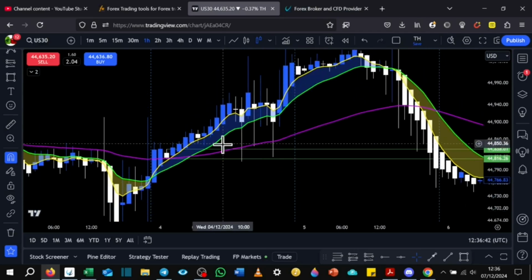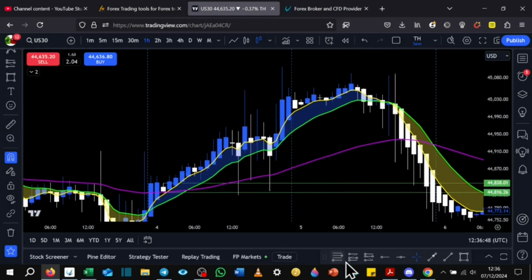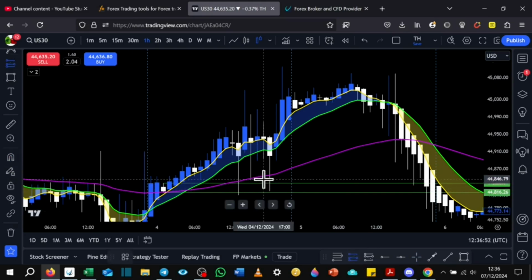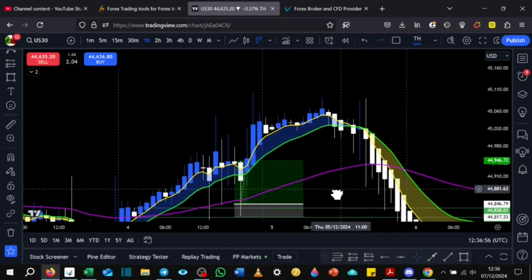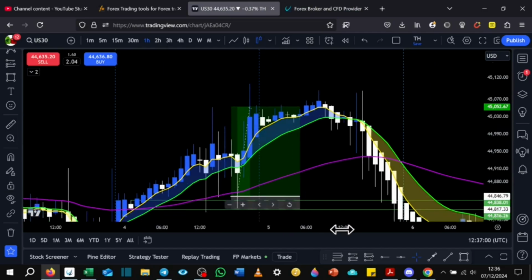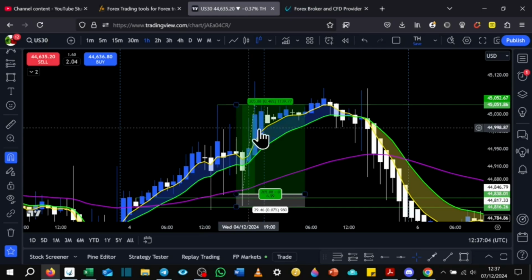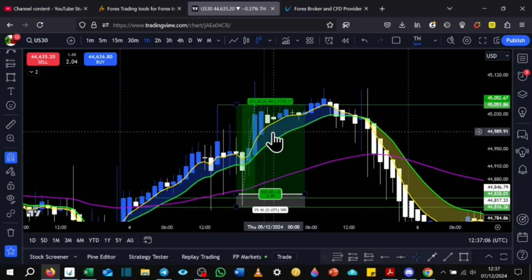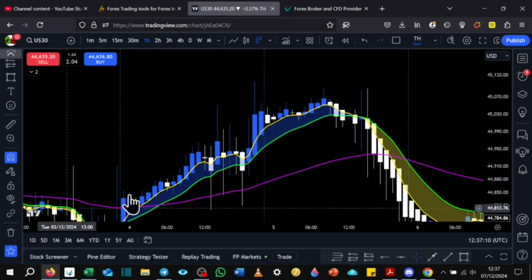However, I did notice that it was rejecting from this area, and it was rejecting off the 62 EMA. So do believe I did go in for a buy again, and then take profit was above this previous high there. So take profit was smacked. So that was a great trade. I'm very happy with that one.